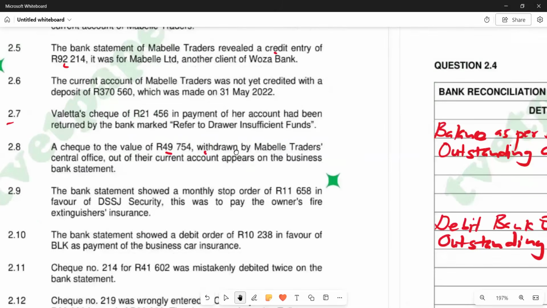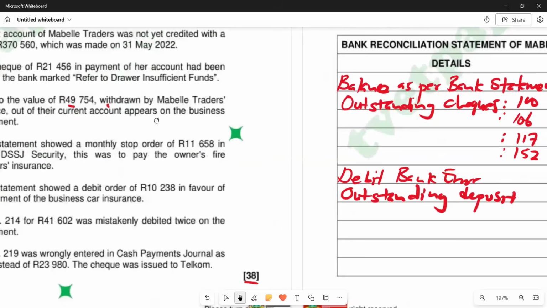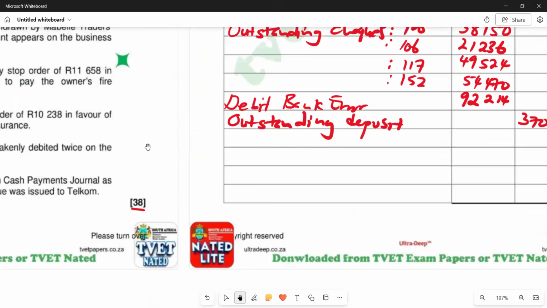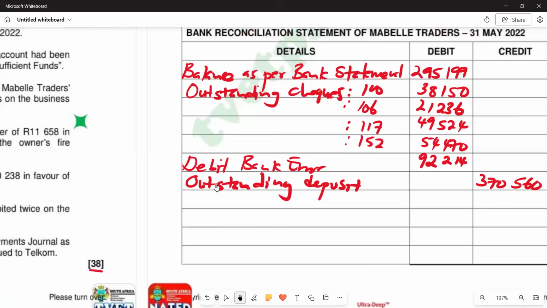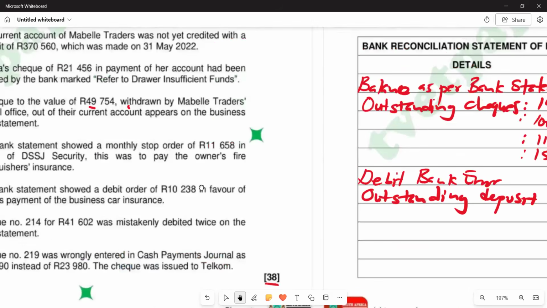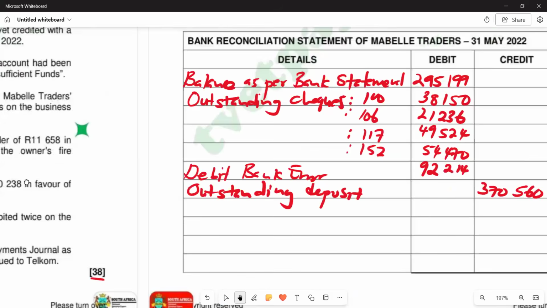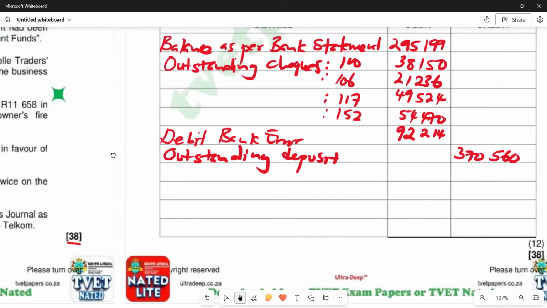We can go back there and try to indicate that this is an error that has transpired. The bank debited a wrong check. So we are saying it's 49,754. So we are saying credit bank error.